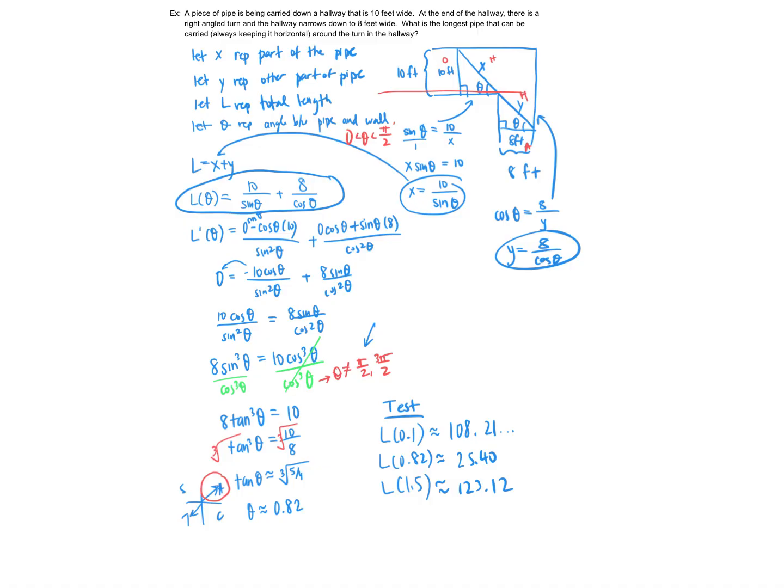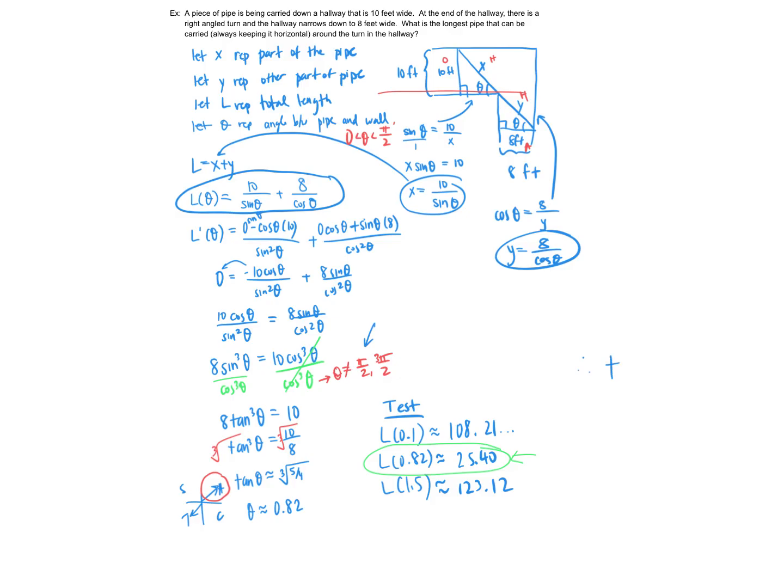So even though we're trying to find the longest pipe possible, when we're testing, it's actually going to be the smaller dimension here, because the other ones, as theta approaches 0 or as theta approaches pi over 2, the length approaches infinity. And obviously that doesn't make sense. So our winner is right here.